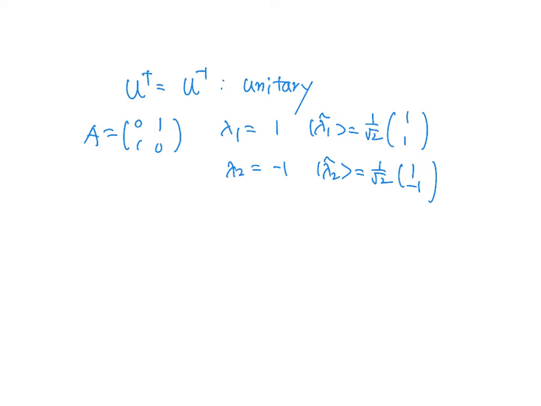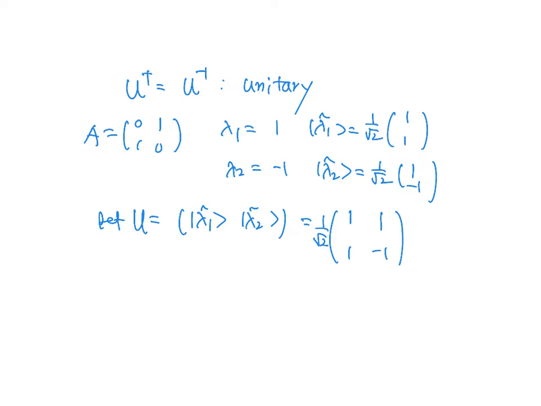Then the matrix formed by these normalized eigenvectors is actually a unitary matrix. So consider the following matrix: 1, 1, 1, minus 1. This is a new matrix formed from the normalized eigenvectors.